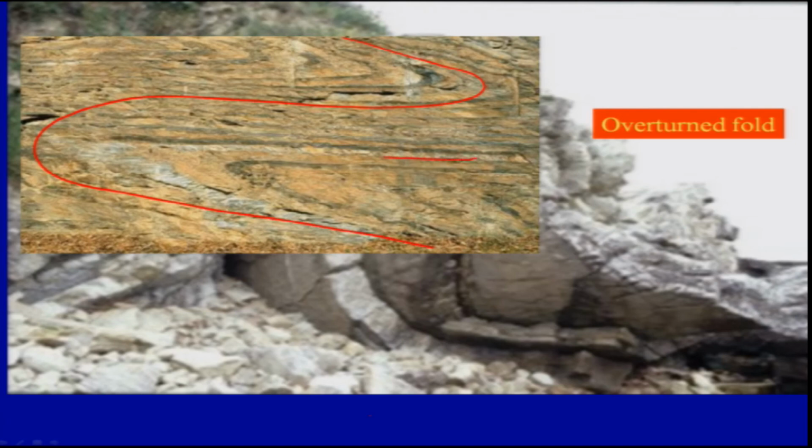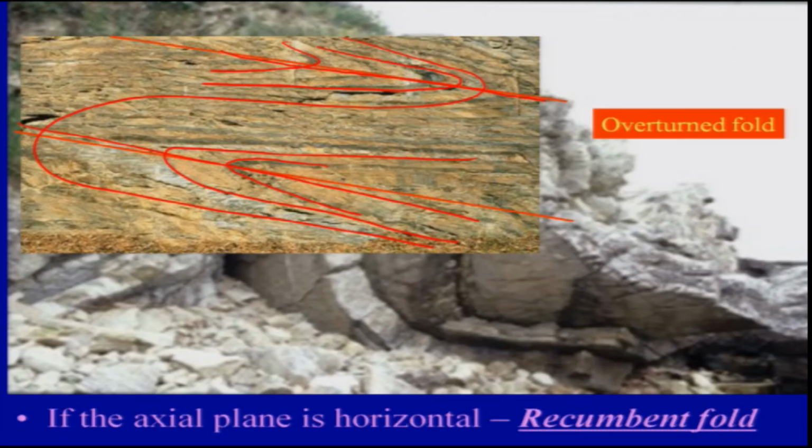This one you can trace out very clearly, and here also you can trace out this one very clearly. We are able to see this one is another one here. So this is the axial plane here and this is the axial plane here. The axial plane is almost horizontal here, so we have the axial plane there.